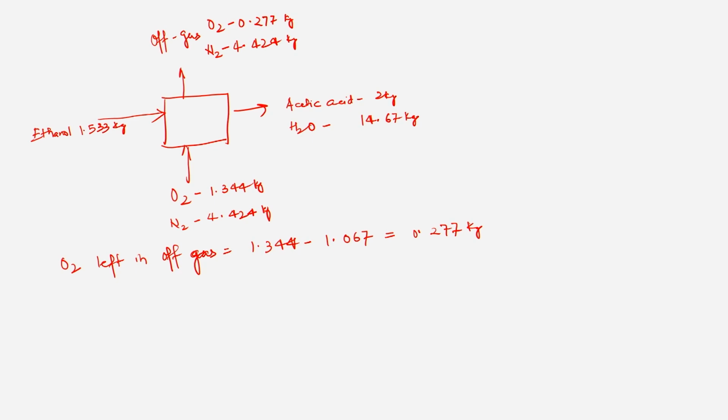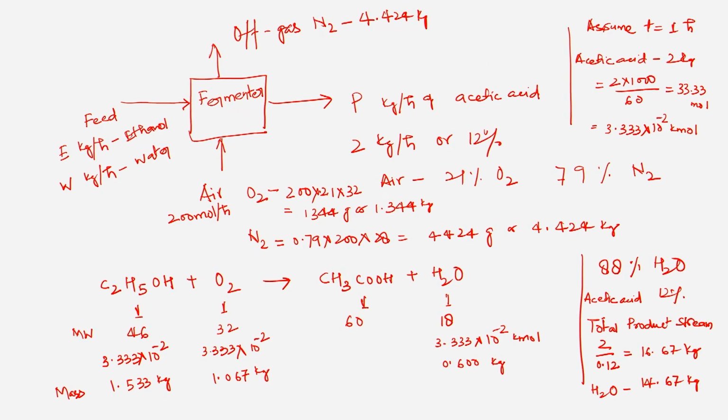Now, next comes the water. We know how much water is there in the output. Let us do a simple exercise, water balance. What is the inlet of water? Let us say W, plus how much water is generated. If you remember from the last slide, water generated is 0.6 kg.